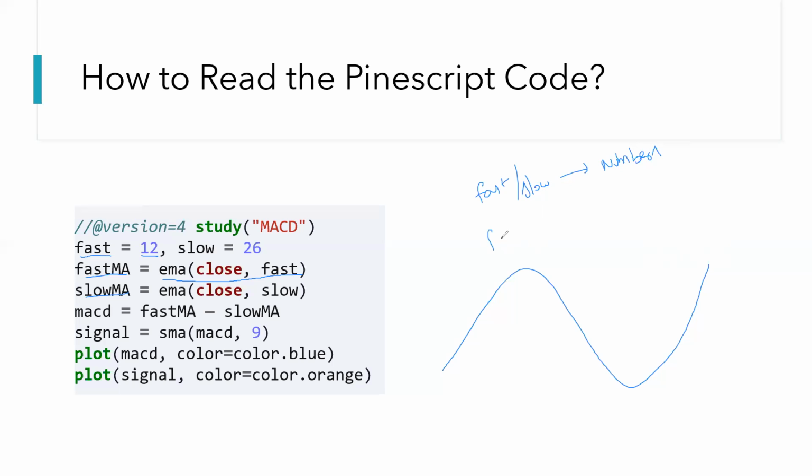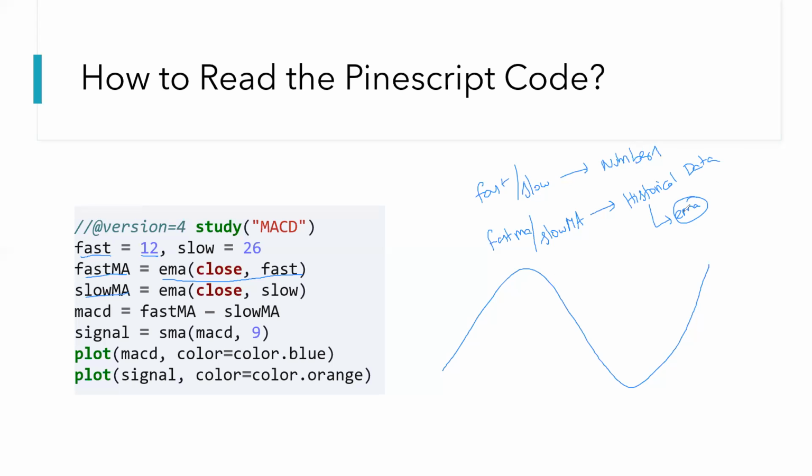Pardon my handwriting, that's bad enough. So slow MA and fast MA are not storing numbers, but they are storing what? Historical data set for the computed EMA. In our case, they are storing the EMA not only for one bar, but for the entire bars present in that particular time frame.